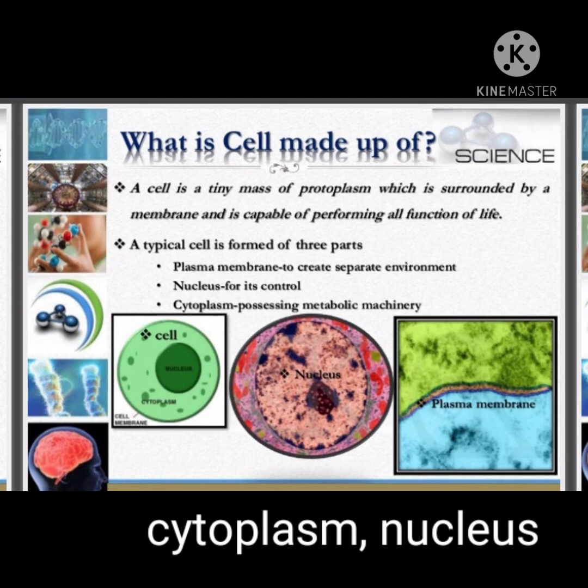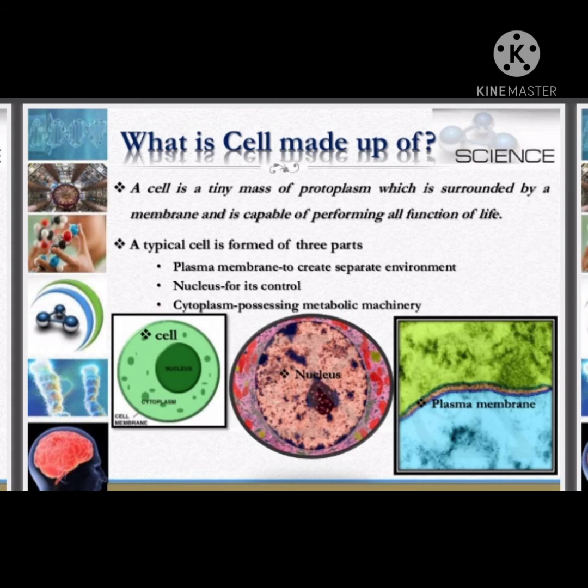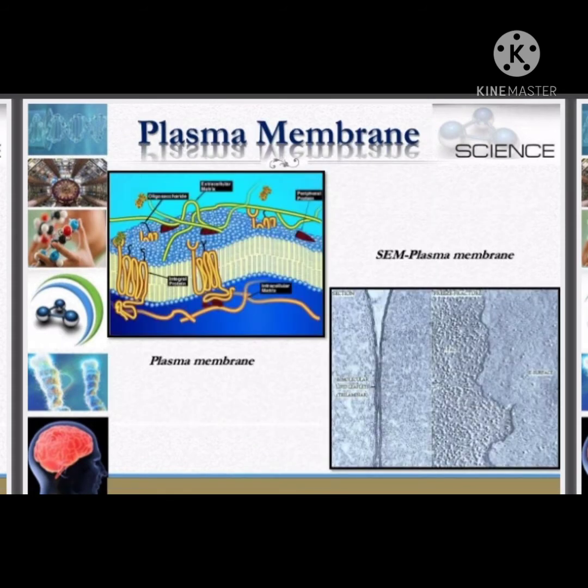First of all, we can start with the cell membrane or plasma membrane. We know that it is the outermost covering of the cell. It's the boundary of the cell. This plasma membrane is common in both plant cell and animal cell.